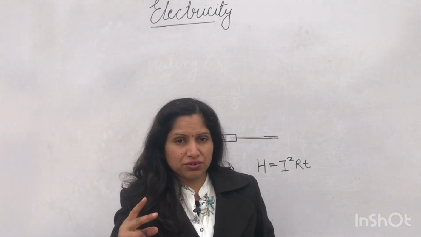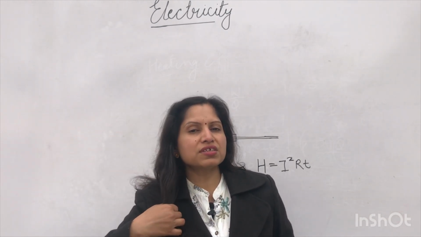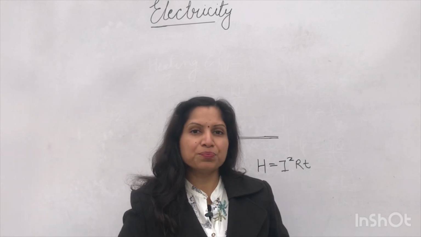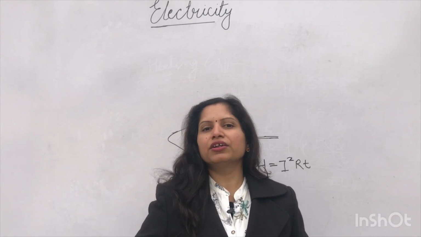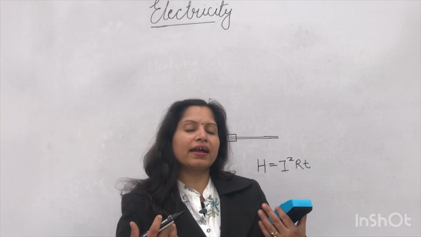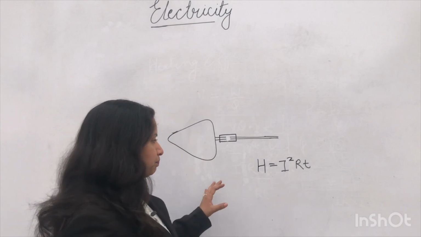So what are the two safety devices? One of them is fuse, the other one we are going to see in magnetic effect of electric current, that is earth wire. We have already seen that actually. So that is earthing. Earthing and fuse wire are the two devices that are there in household circuits that are acting as precautionary devices to protect our devices.